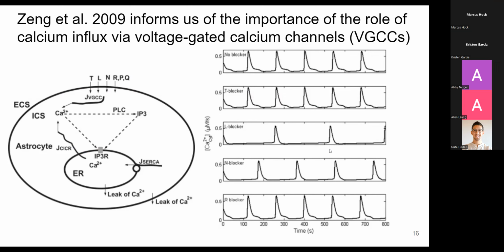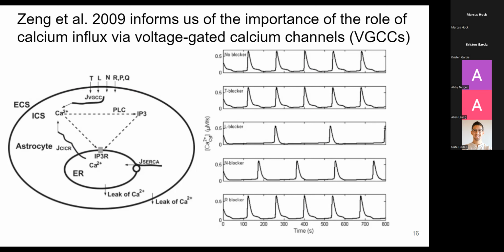And what they find is that in the presence of these voltage-gated calcium channels, you observe these spontaneous oscillations, and if certain channels are blocked, you kind of see the absence of these oscillations. So this is a little bit indicative of stating that these spontaneous oscillations arise due to these interactions between these voltage-gated calcium channels and this IP3 and PLC pathway.